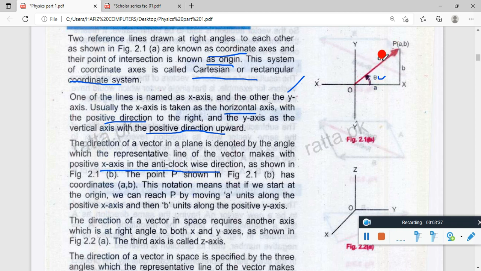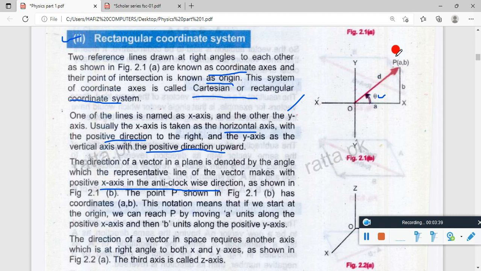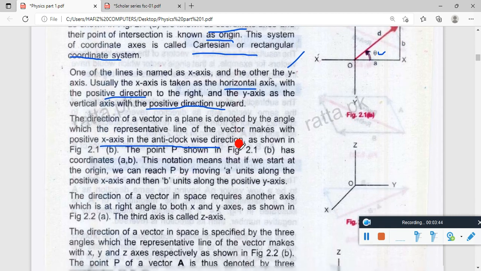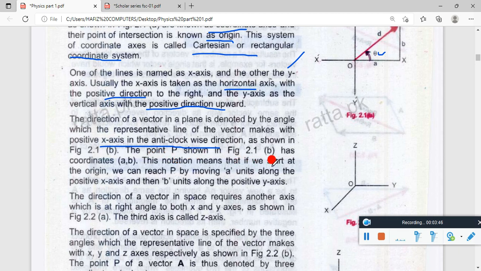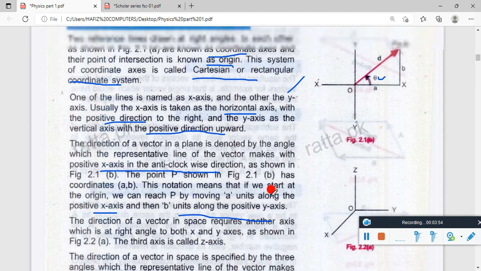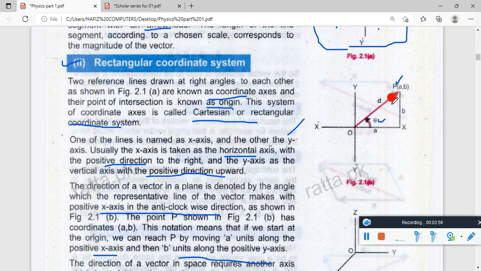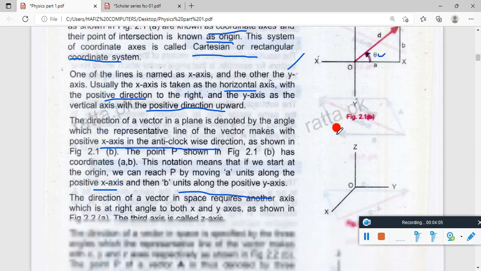This is a vector having coordinates of point A, B. This notation means that if we start at the origin, we reach the point by moving A units along the x-axis and B units along the positive y-axis. This point A, B shows that we move x units in the x direction and y units in the y direction.